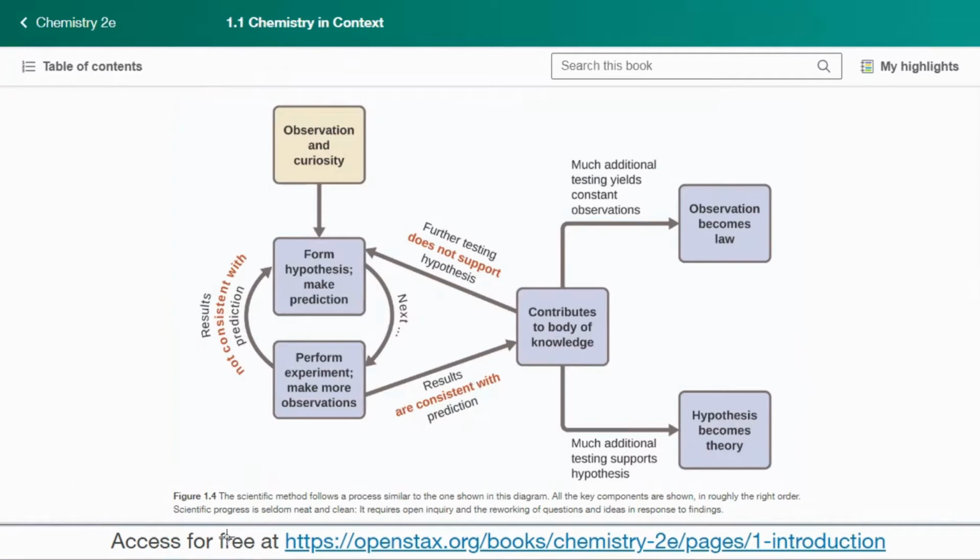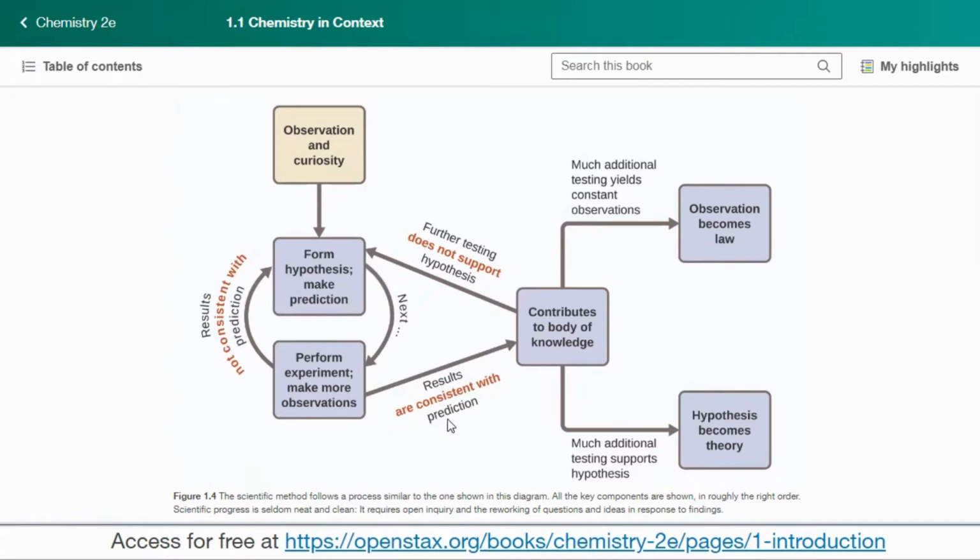So let me just walk through this diagram. We have observations and curiosity. And then we form a hypothesis, make predictions, then we perform experiments, make more observations, and then we see if the results are consistent with prediction, and we just keep reiterating.